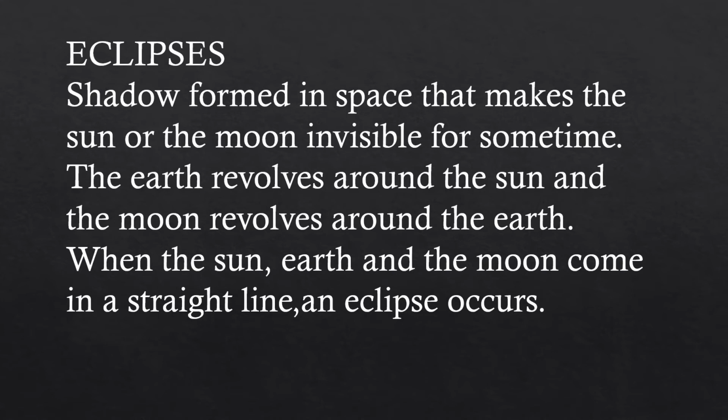The earth revolves around the sun and the moon revolves around the earth. When the sun, earth and the moon come in a straight line, an eclipse occurs. I am repeating again. When the sun, earth and the moon come in a straight line, an eclipse occurs.